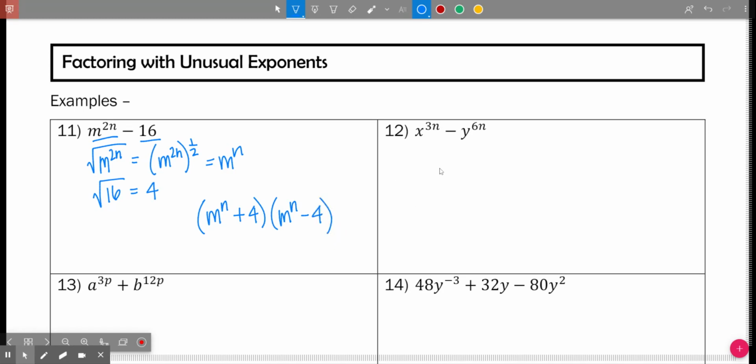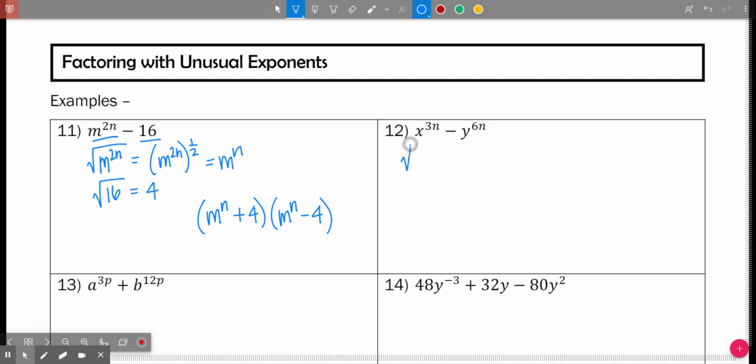In 12, just like with perfect squares, anything to an even power is a perfect square. Well, anything that has a power that's a multiple of 3 is a perfect cube. So x to the 3n power and y to the 6n power are both perfect cubes.